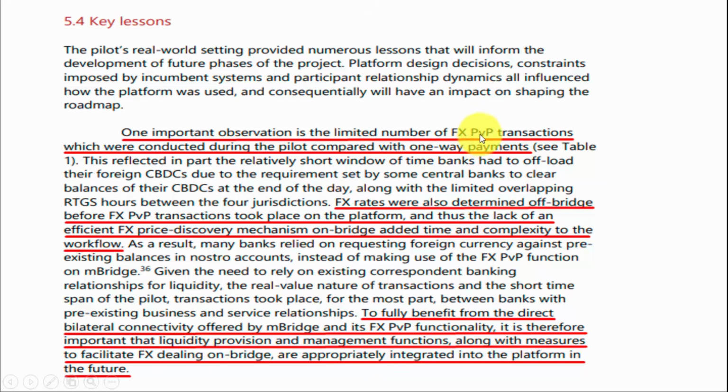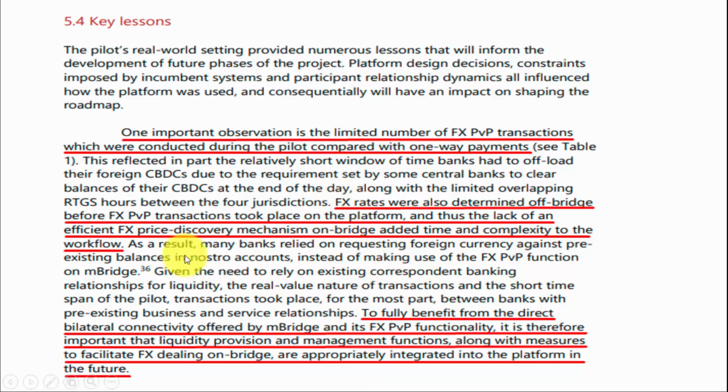They still didn't use this feature much on chain, and they relied upon the old system for liquidity. The reason is that mBridge didn't have these mechanisms on the platform itself, and a lot of it had to be done externally.